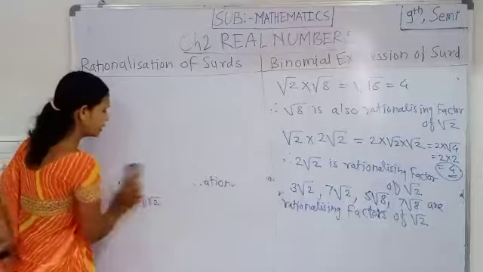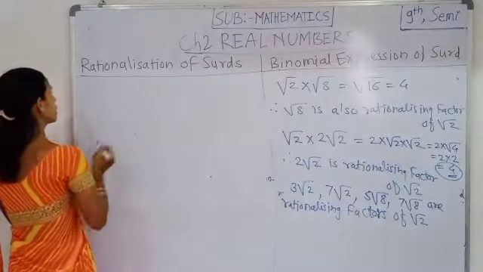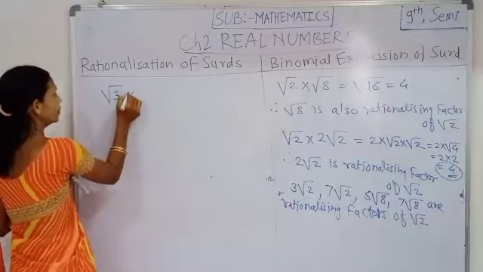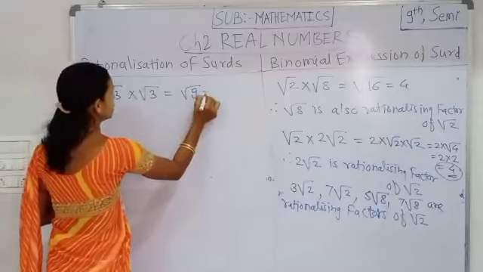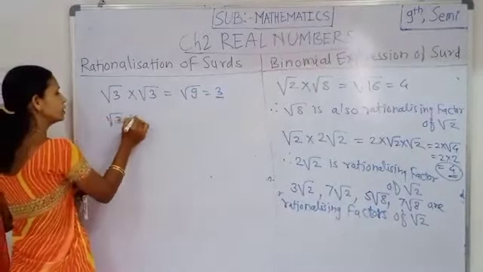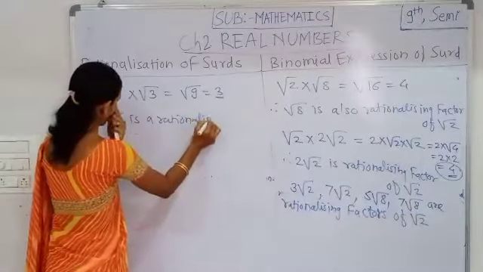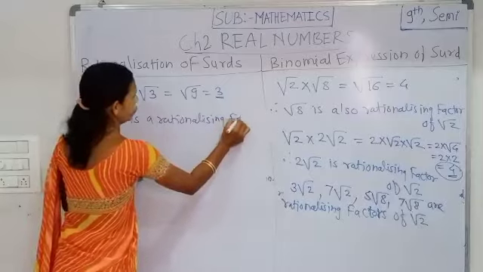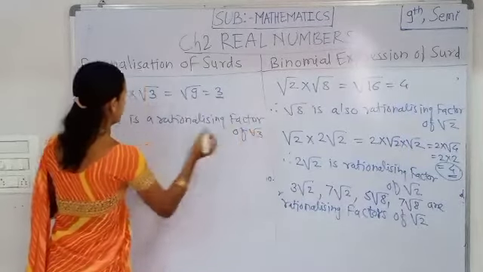Similarly, we can get the rationalizing factor of root 3. If root 3 is multiplied by root 3, we get root 9, that is 3, a rational number. Therefore root 3 is a rationalizing factor of root 3.